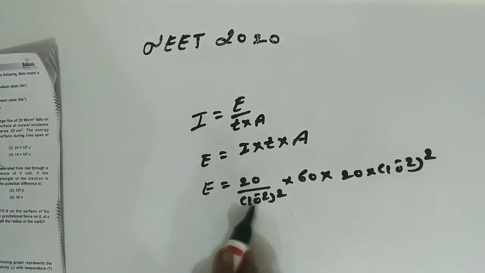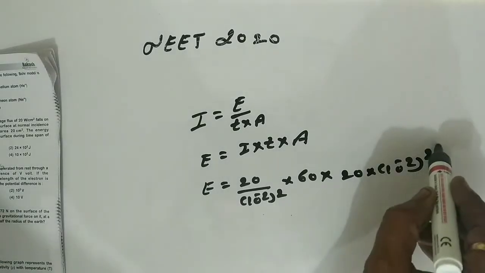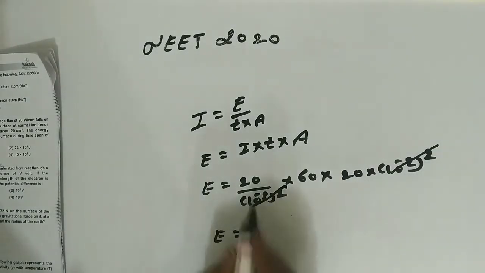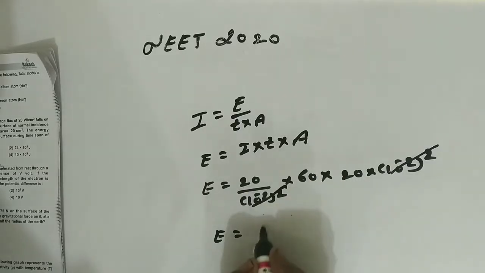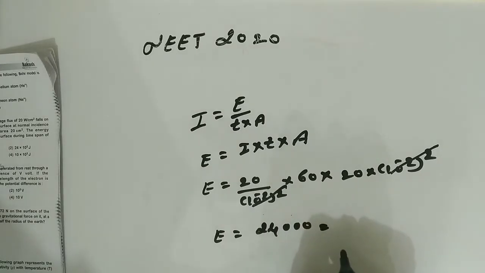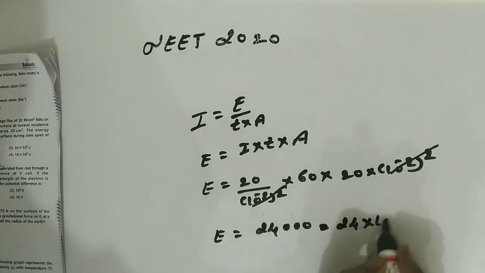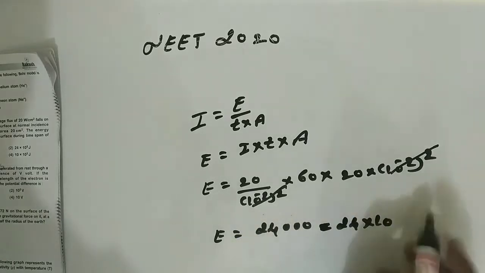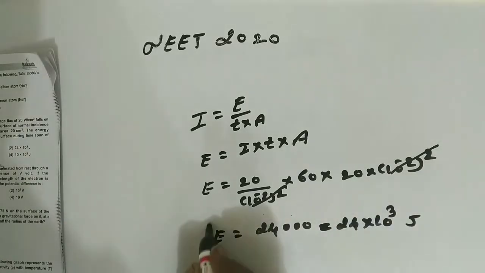Right? 10 to the power of minus 4 gets cancelled. So E equals 24, 3 zeros. According to the options, 24,000 joules. This is your answer.